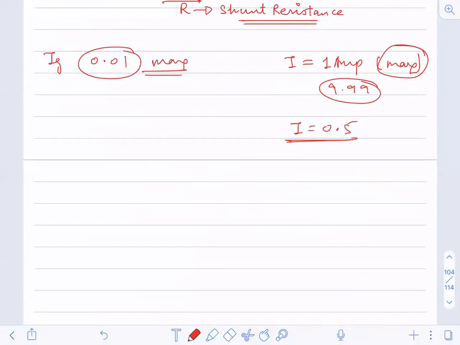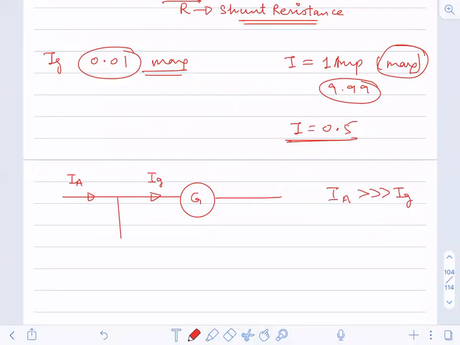We have this galvanometer, which can only take the Ig value, not greater. But I wish to pass a current Ia that is very large compared to Ig. So what are we supposed to do?